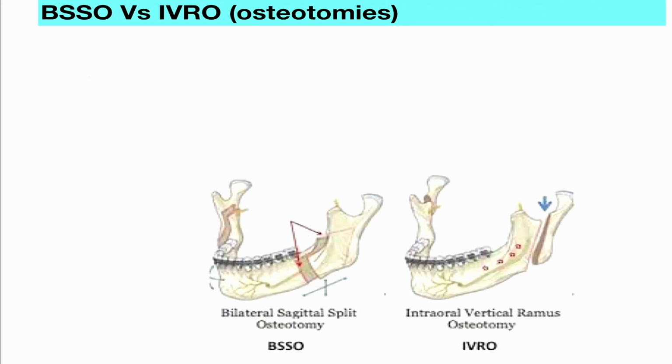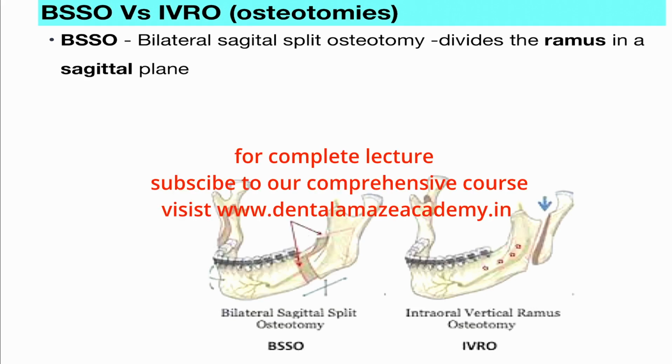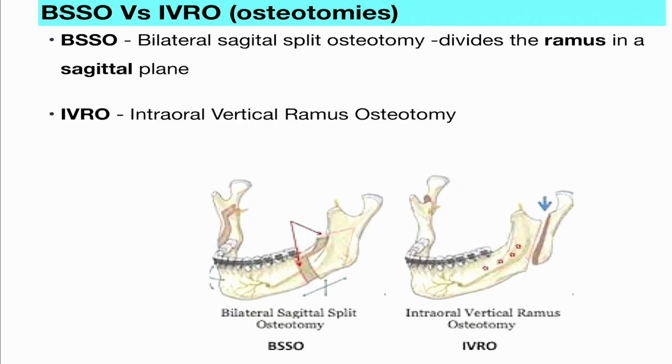What's exactly the difference? In case of BSSO, the bilateral sagittal split osteotomy, what does it mean? Here, it divides the ramus in a sagittal plane. Very important. Then you've got IVRO, intraoral vertical ramus osteotomy, so see, the vertical. This divides the ramus in a vertical plane.